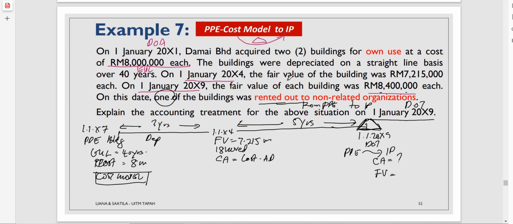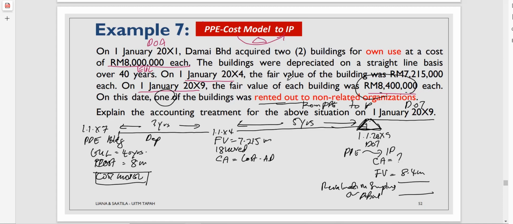The fair value on this date was given as 8.4 million. So when you compare this, if you have any difference, this difference will be treated as either a revaluation surplus or a revaluation deficit. So we need to check for surplus or deficit. Why?